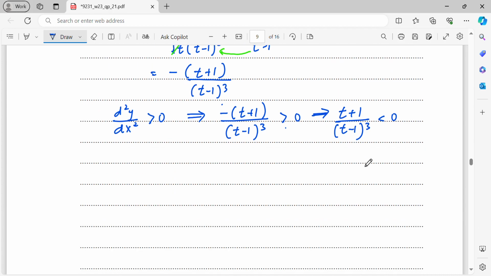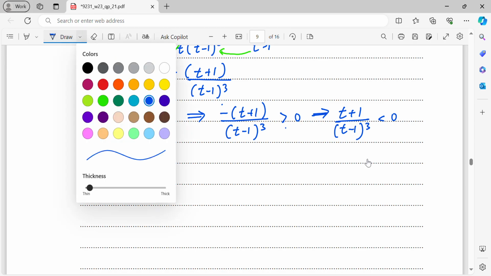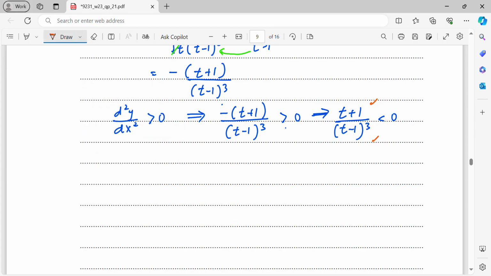Okay, so to solve this inequality, we need to draw the number line. I will let the numerator and denominator be more than 0 first. So let t + 1 be more than 0, and (t - 1) cubed be more than 0. So from here, t is greater than -1.